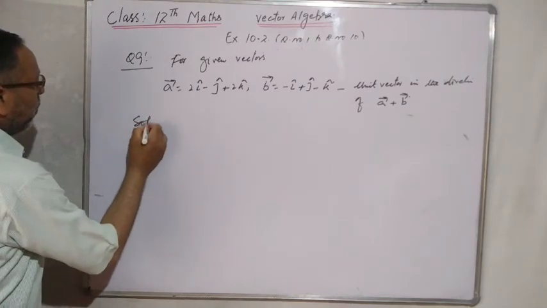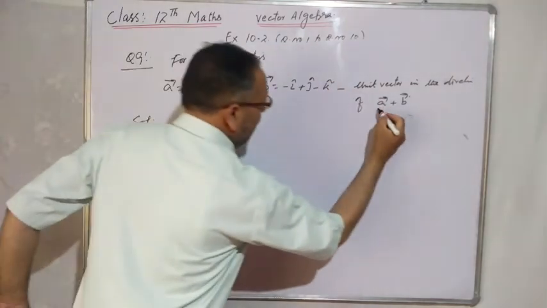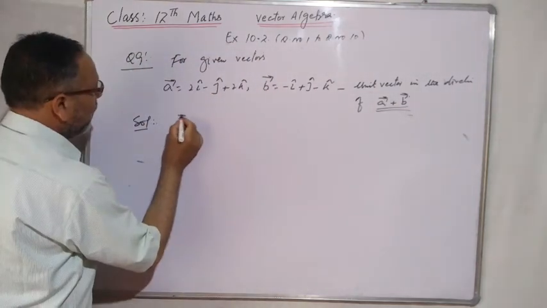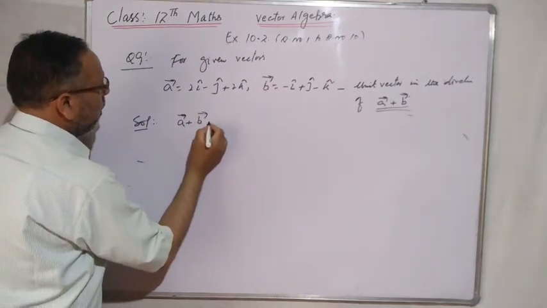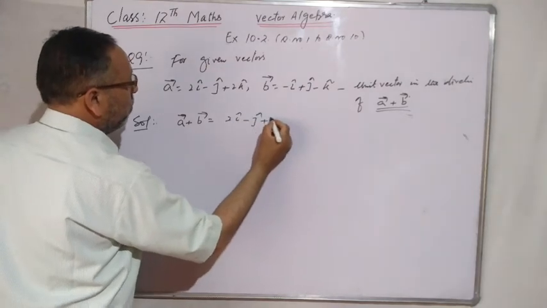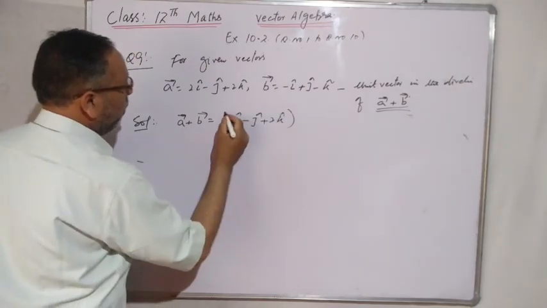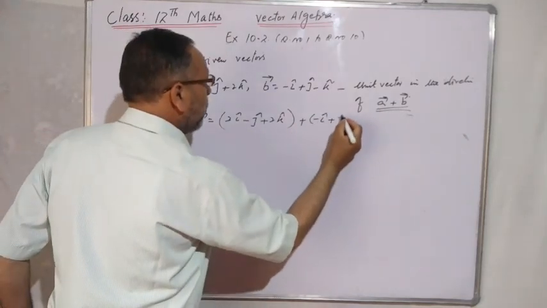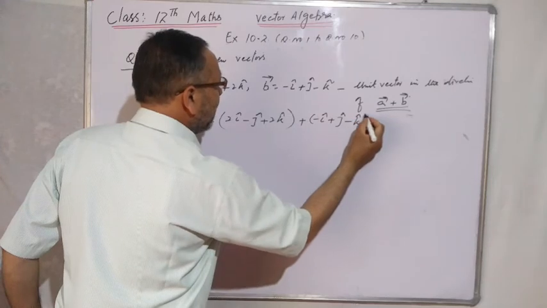So here, first you have to find vector A plus vector B. Vector A plus vector B is equal to 2i cap minus j cap plus 2k cap plus minus i cap plus j cap minus k cap.